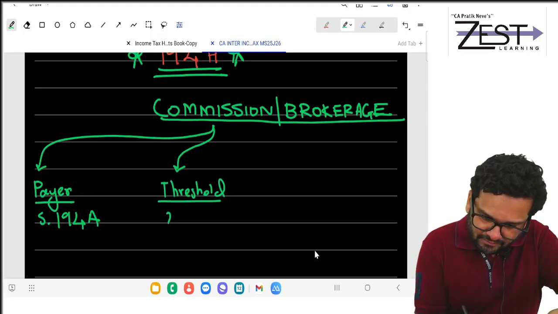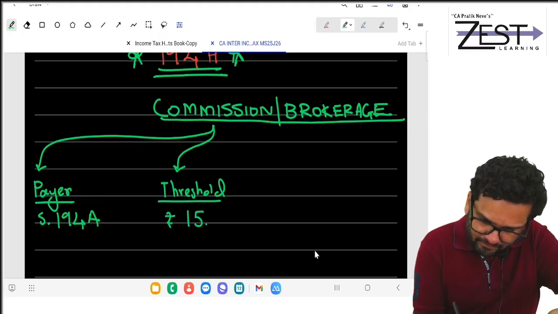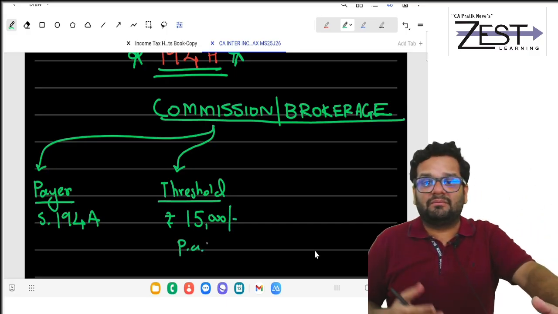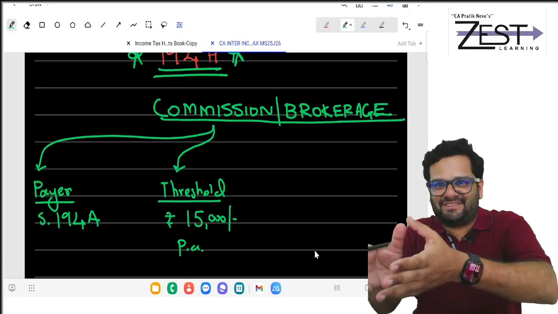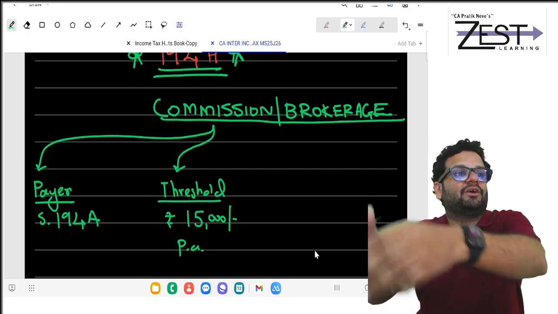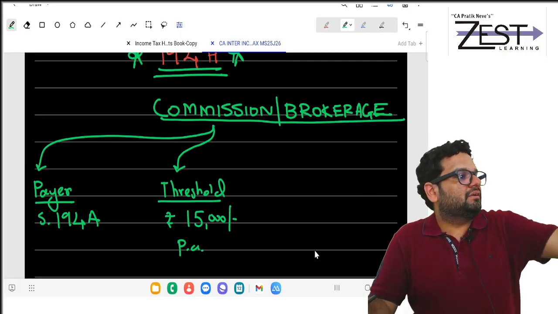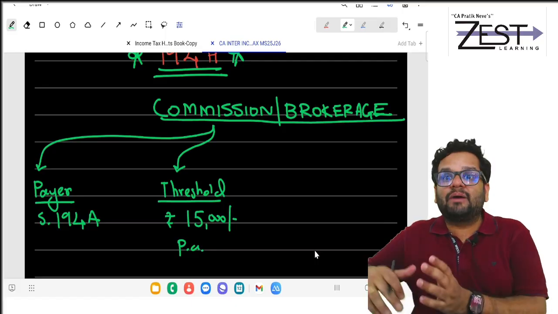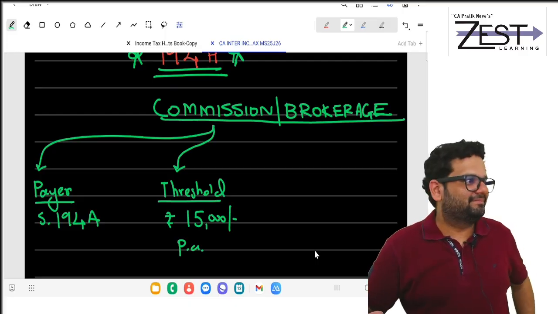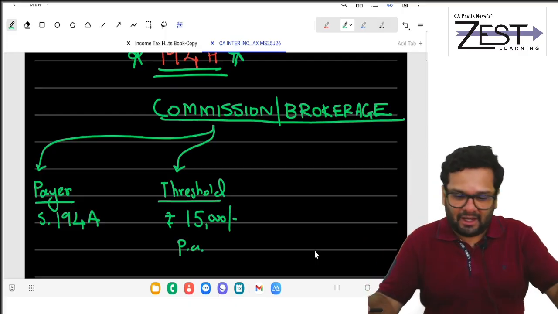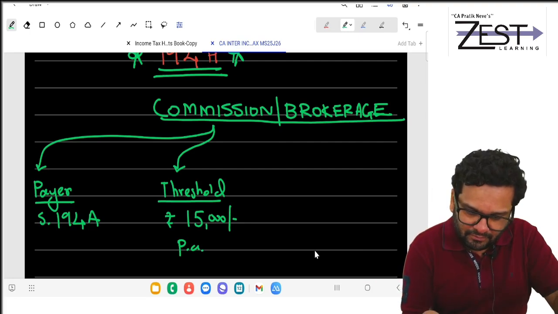When I say 15,000 per annum, it's between payer and payee. Means I have two agents. To one I am paying only 10,000, to the second I am paying 17,000. So to whom I am paying 10,000, TDS doesn't apply.